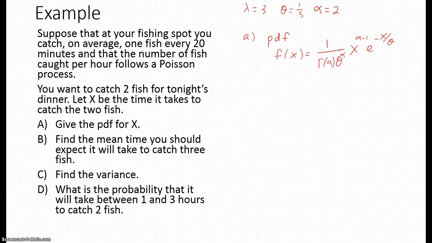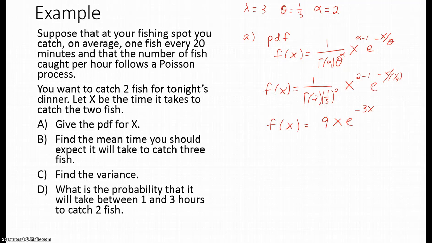Now, if we want to find our probability density function, we take our formula and we substitute in 1/3 for theta and 2 for alpha. And if we simplify, that gives us 9x e to the minus 3x, and that is our probability density function for x.